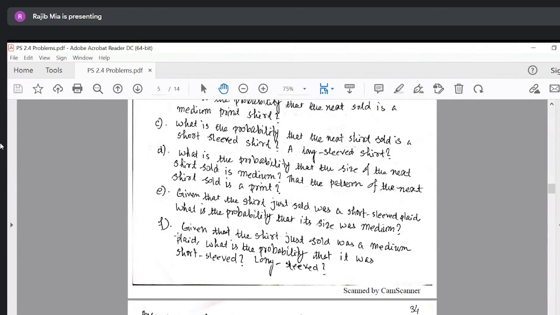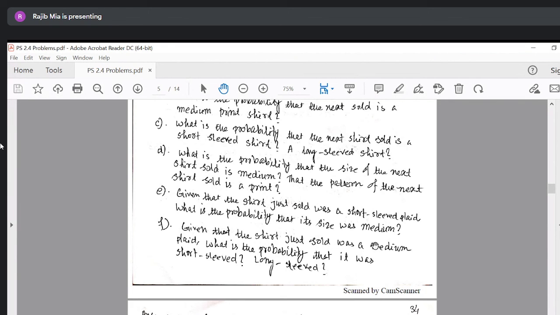Similarly, part F: given that the shirt just sold was a medium plaid, what is the probability that it was short sleeved, and long sleeved? We have to find separately, one by one. First, given that the shirt just sold was a medium plaid, what is the probability that it was short sleeved?